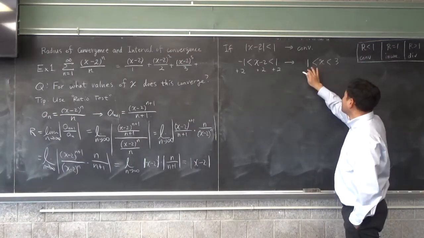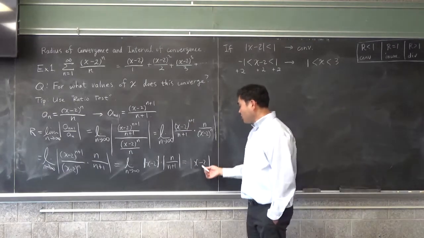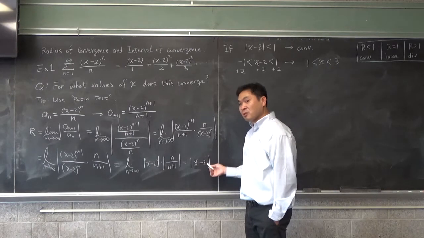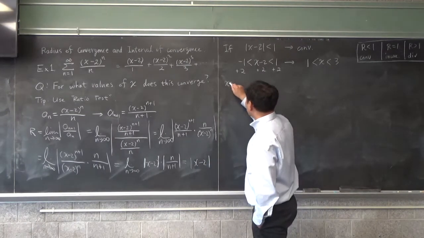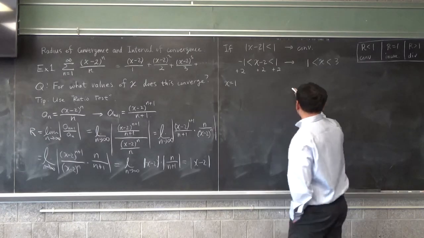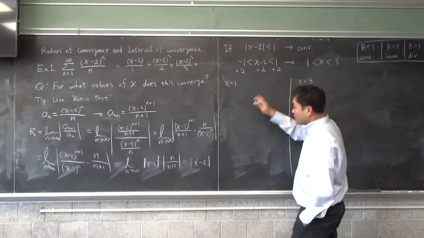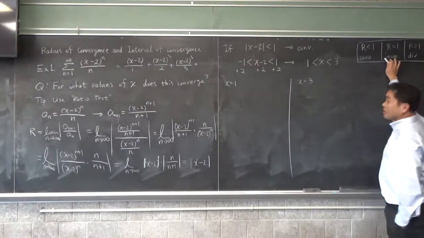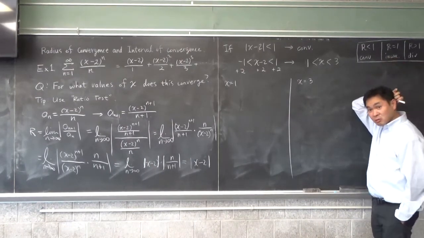See, if x is 1 or x is 3, then the absolute value of that will give you 1, right? If x is 1, 1 minus 2 will be negative 1, absolute value gives you 1. So when x is 1, and when x is 3, these are cases when this becomes 1, and therefore the ratio test says it's not going to work. You need to use other tests, so we have to use other tests for these two cases. Yes?